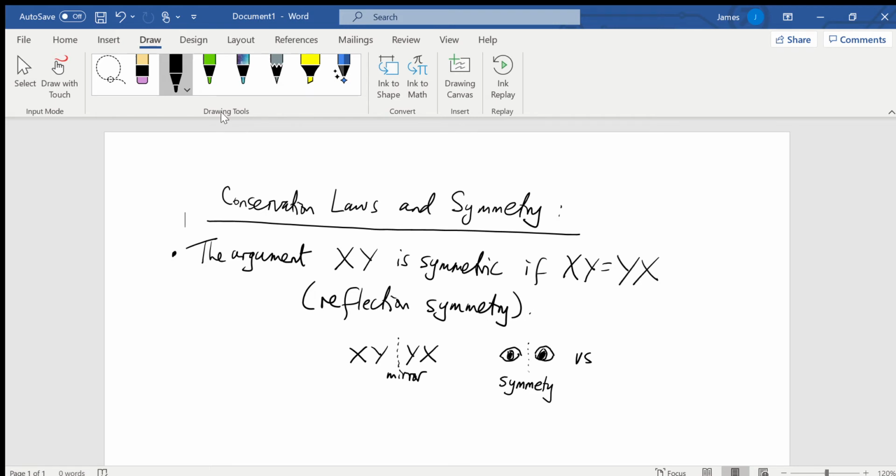But if we had, let's say, for whatever reason, a bigger eye, a mirror, and maybe a smaller eye, then that would be no symmetry. So here symmetry just means same. No symmetry means different. Okay.